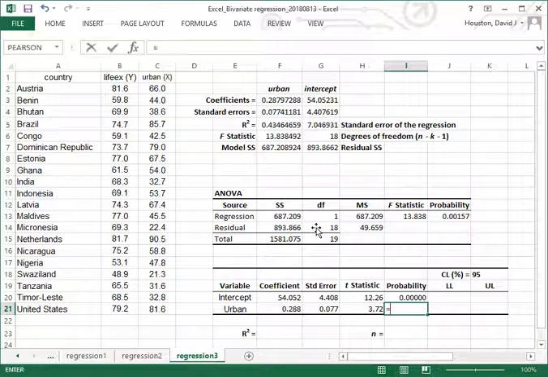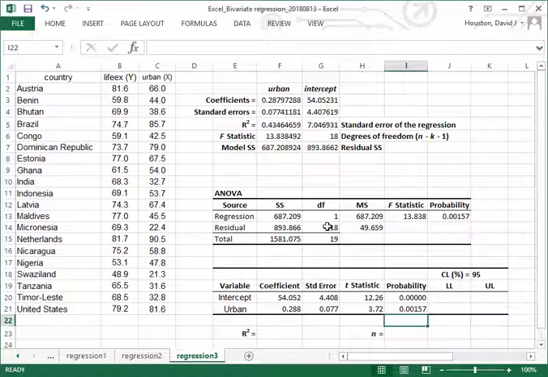Let's do the same thing for the regression coefficient, its t-test value. And its degrees of freedom will be the exact same value, n minus k minus 1. Now it has a probability value of 0.00157.